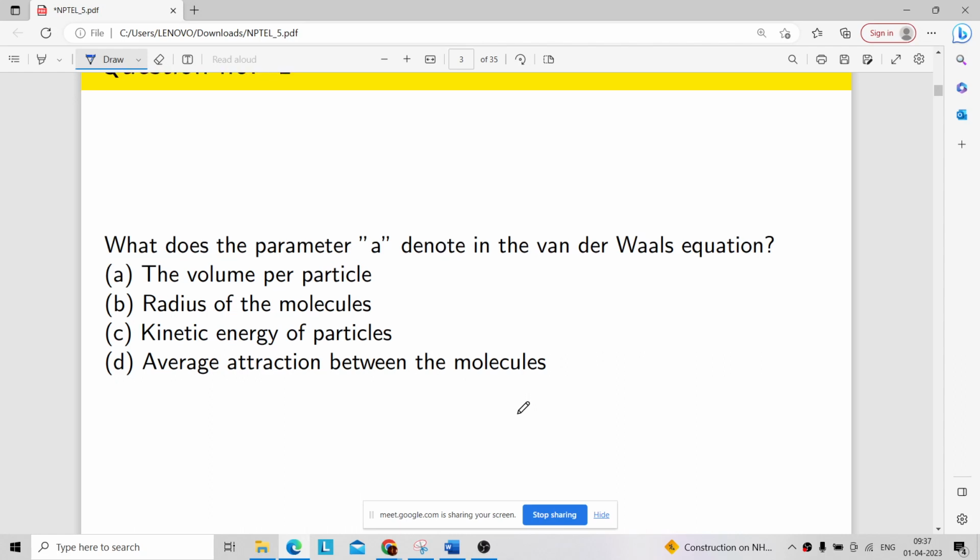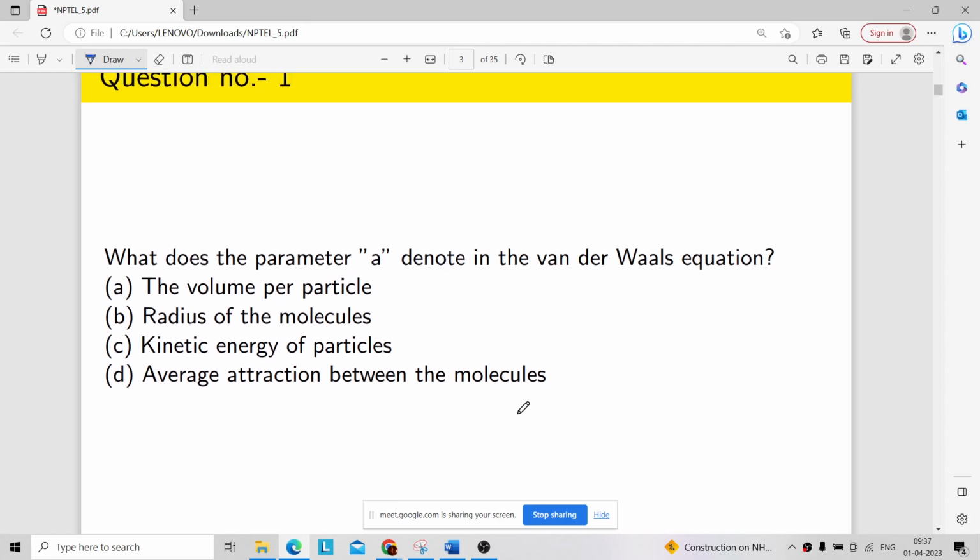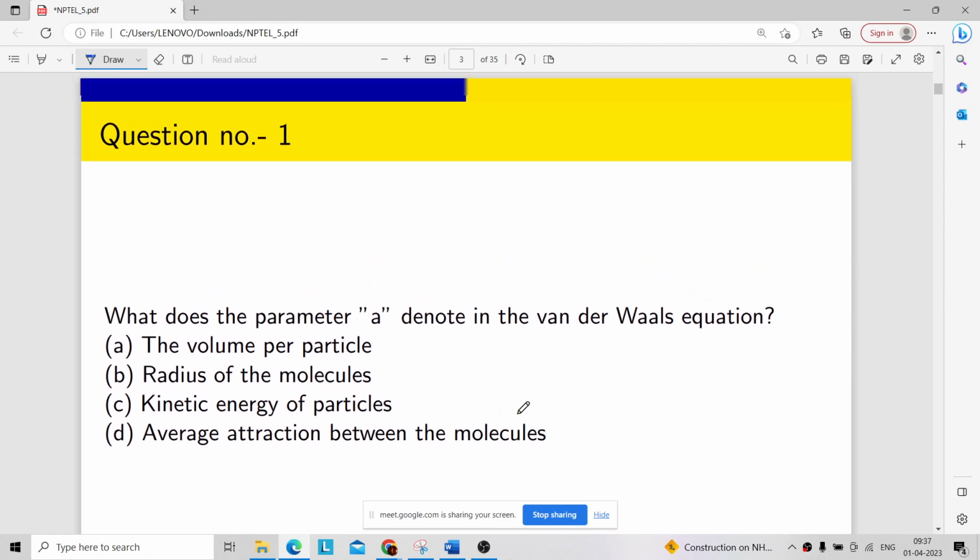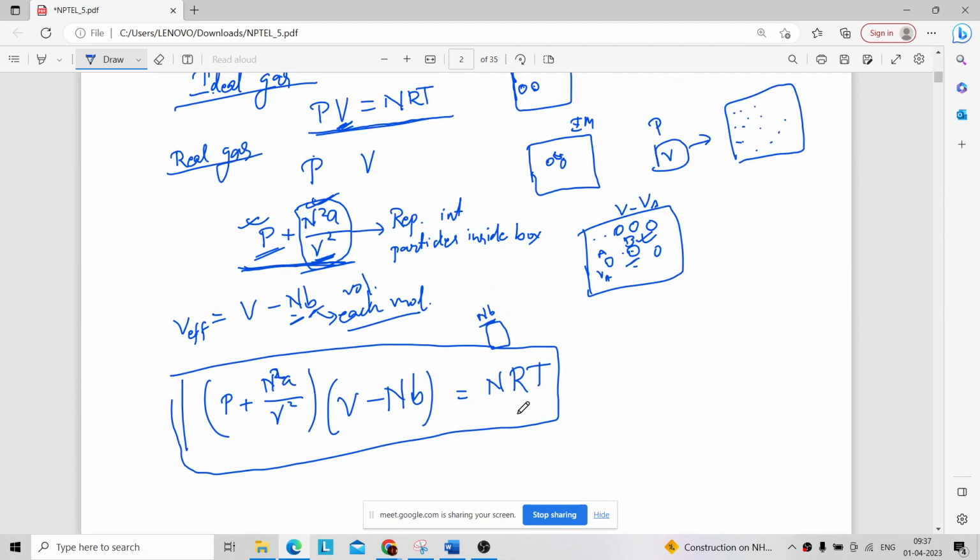So the first question is, what does the parameter a denote in the Van der Waals equation? See, we have a here. A few minutes back I told you that this a parameter represents the interaction strength between the molecules.